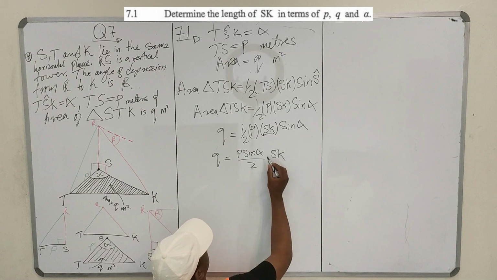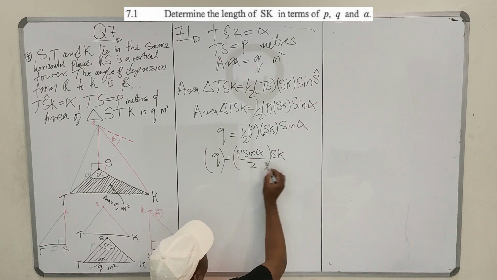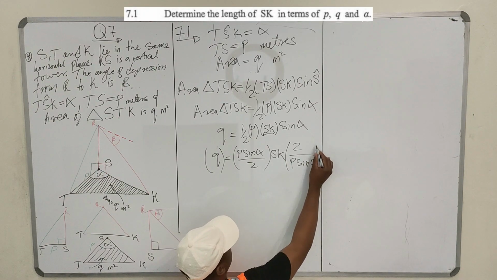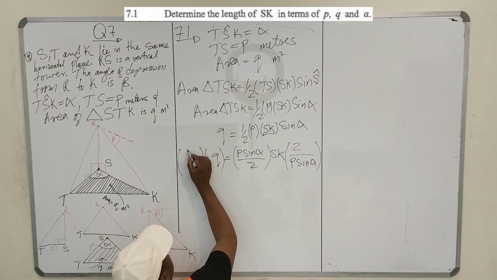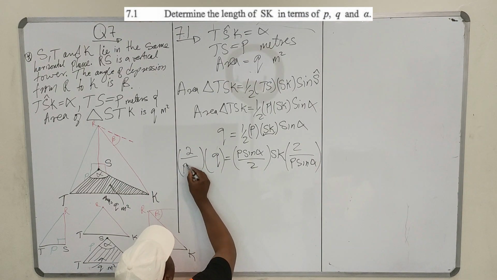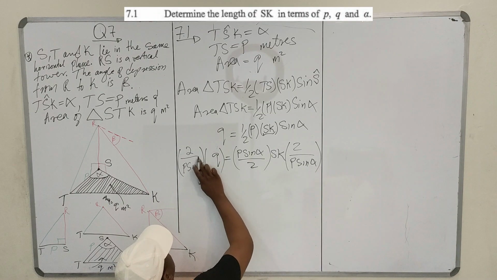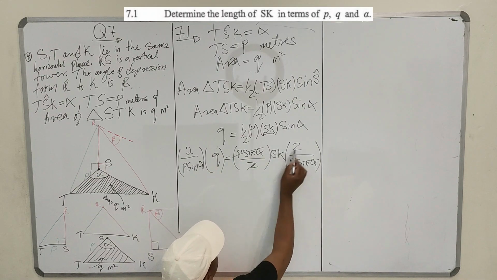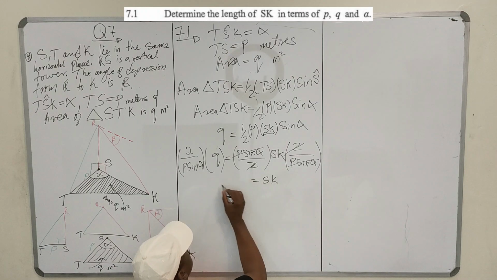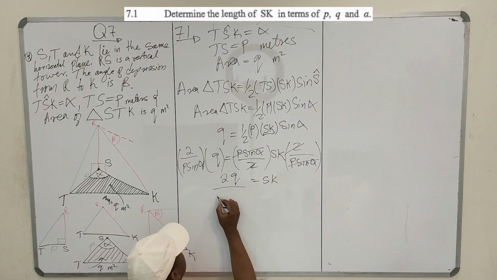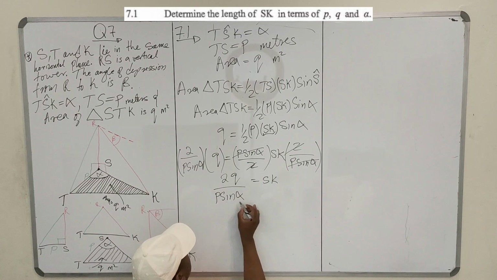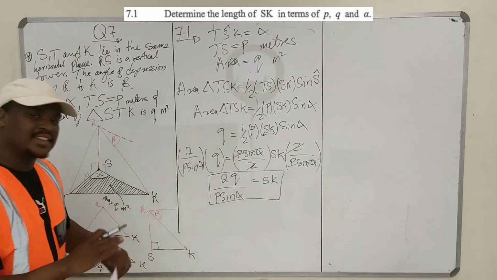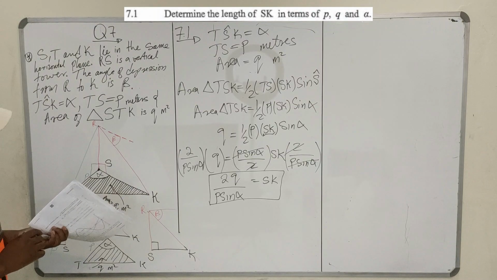You multiply by 2 over P sine alpha, then even here, 2 over P sine alpha. So this and that go away, this and this go away. So SK is equal to 2Q over P sine alpha. So this is your SK in terms of P, Q, and alpha, like they asked you to find. Done.